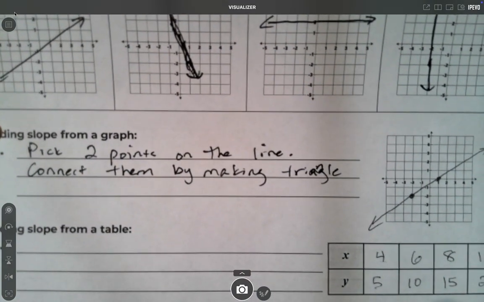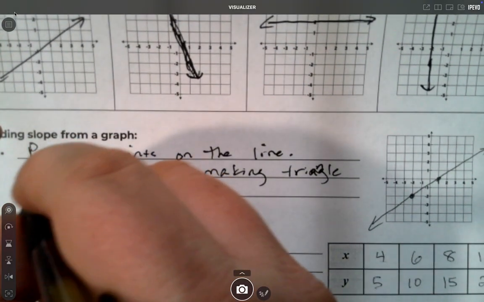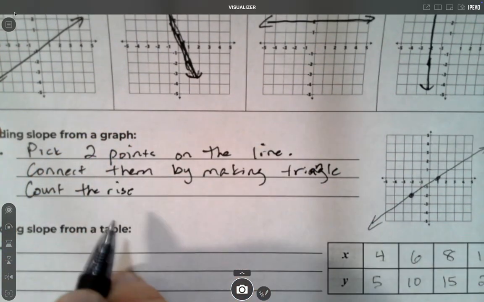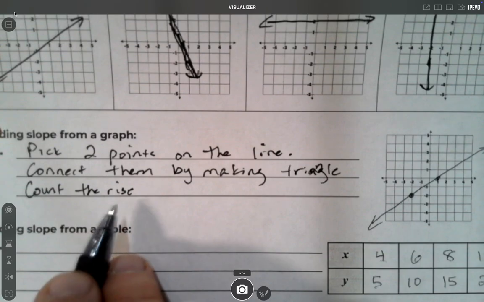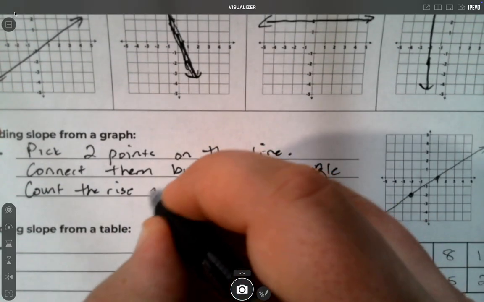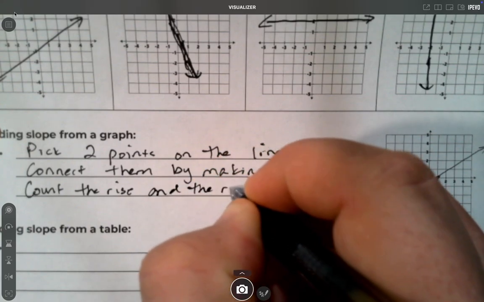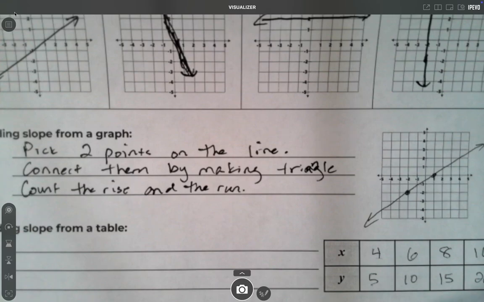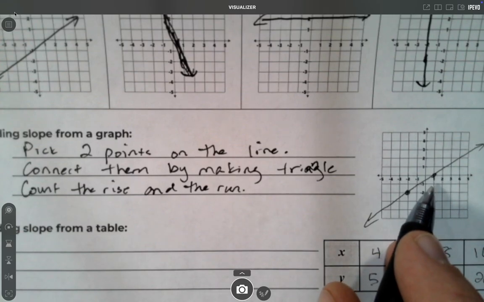I'll show you this in just a second on this graph right here. And then you'll count the rise and the run. In other words, the rise is really saying how far up or down do we have to go first? That's the question. And then how far over to the right do we have to go to get from this dot to this dot?